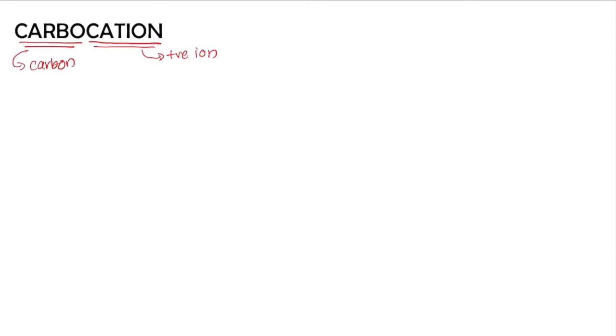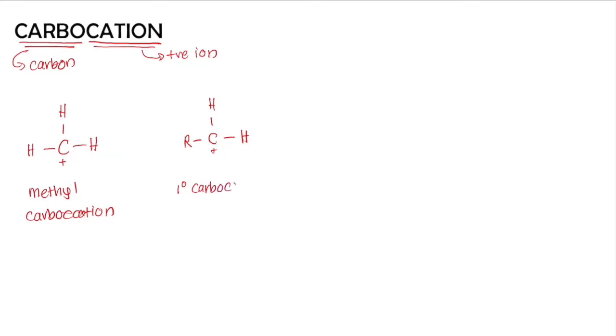There are four types of carbocation that you have to know. We have this, which is known as methyl carbocation. And we have this one, which is primary carbocation.